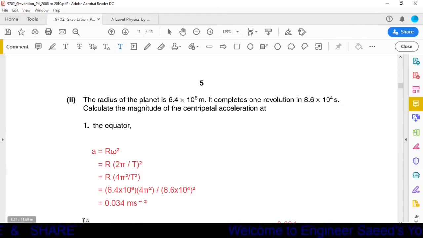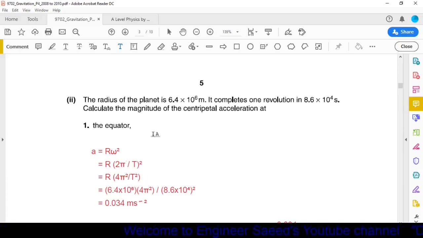Okay, centripetal acceleration is given as r omega square. Omega is angular velocity and is equal to 2 pi over T. Here it is omega square, that's why we have to take 2 pi over T whole square, and by solving this one we got r into 4 pi square over T square, where this T square is the square of the time period. Okay, now we have to substitute the values.